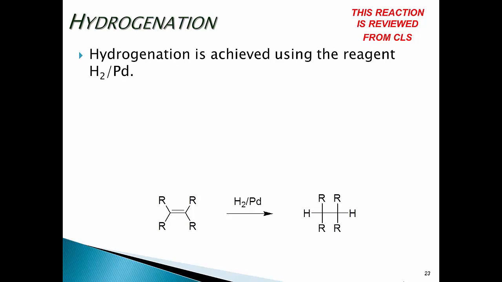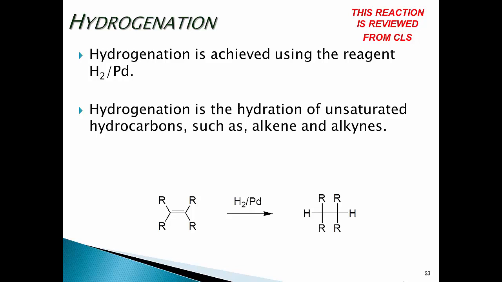Hopefully this is familiar from Chemistry for Living Systems. Hydrogenation is achieved using the reagent hydrogen on a palladium catalyst. Hydrogen is the gas that you bubble through the reaction, or you surround your reaction in a hydrogen atmosphere, and palladium is put into the actual reaction vessel.